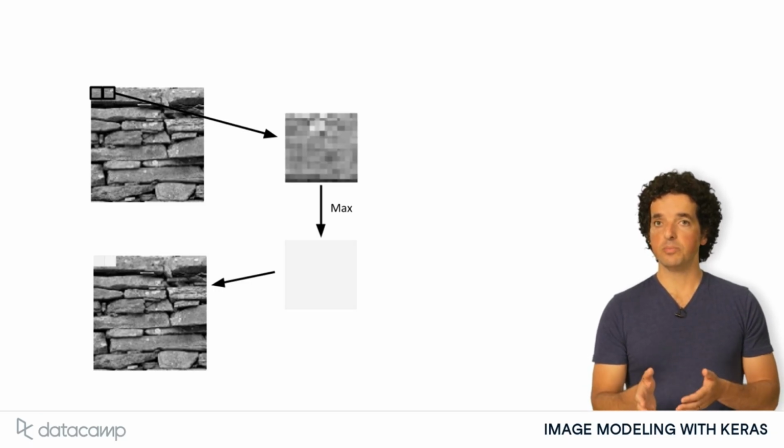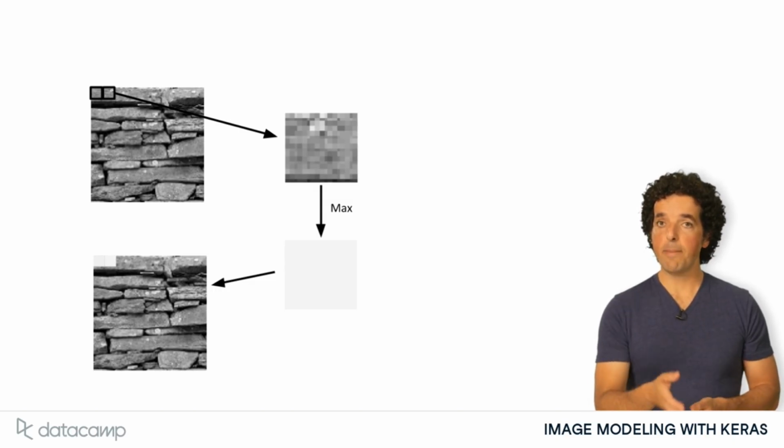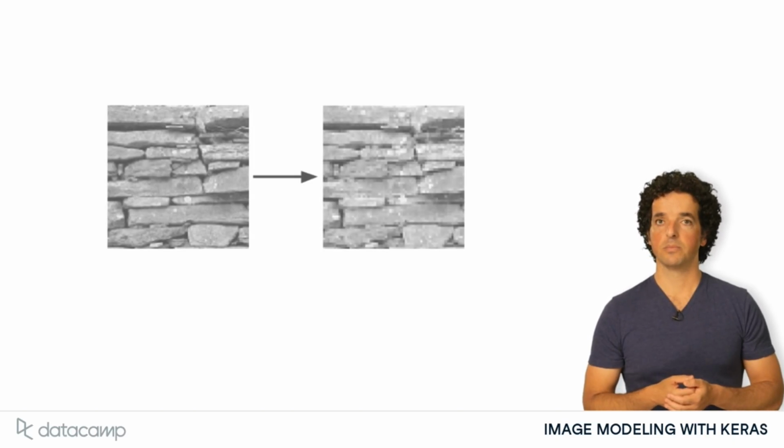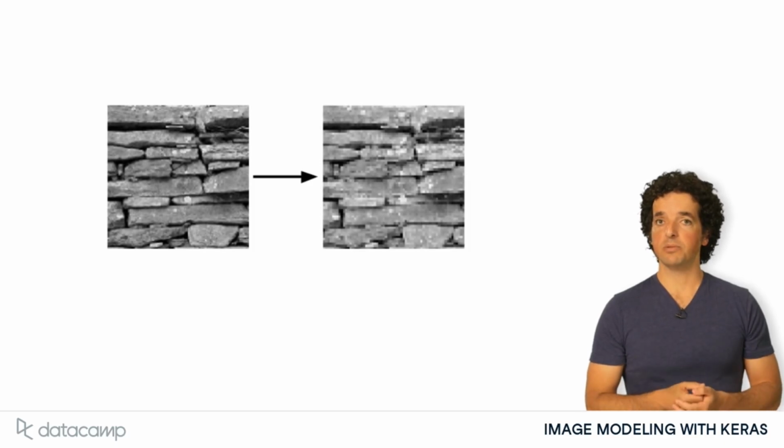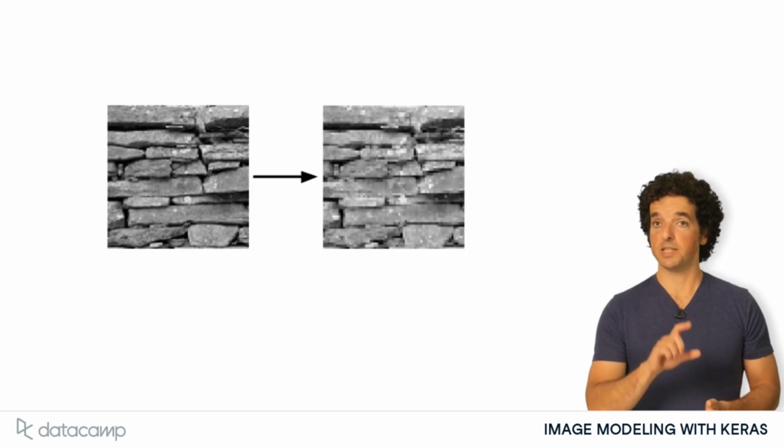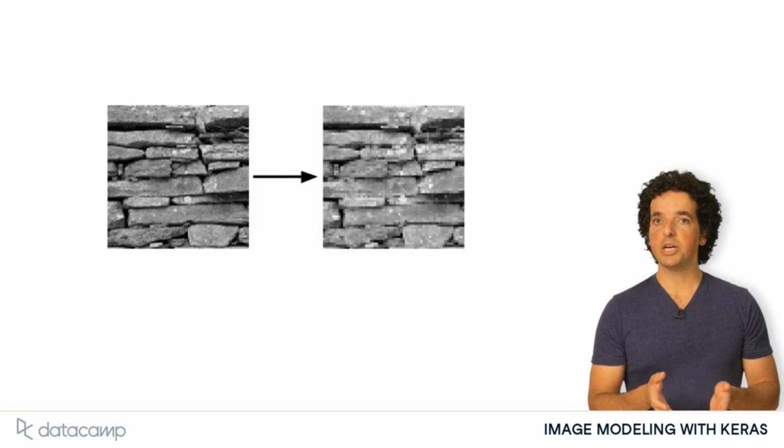We shift our window and calculate the maximal value in the pixels in the next window, replacing that part of the image with one large pixel with the maximal value in that part of the image. If we repeat this operation in multiple windows of size 2 by 2, we end up with an image that has a quarter of the number of the original pixels and retains only the brightest feature in each part of the image.